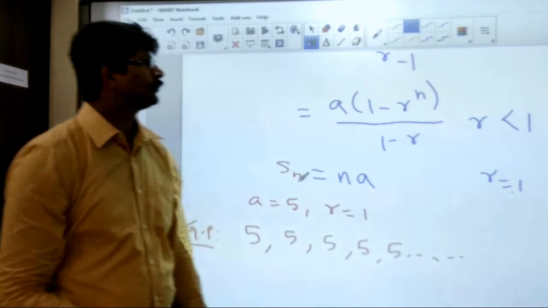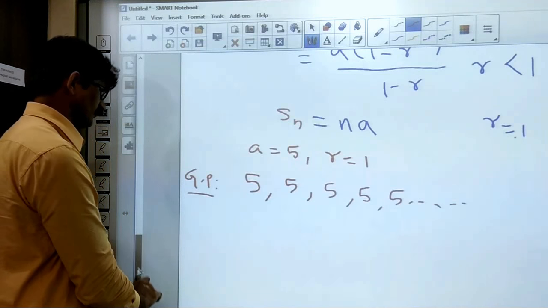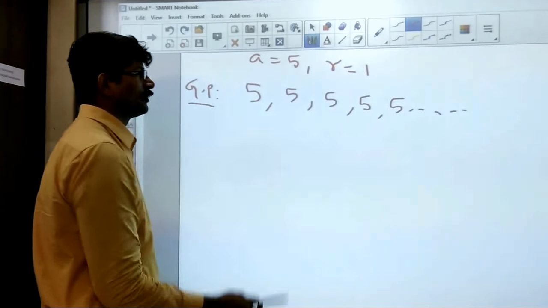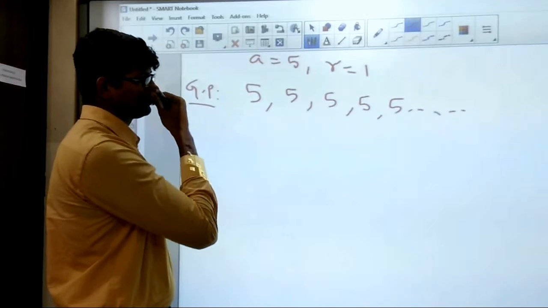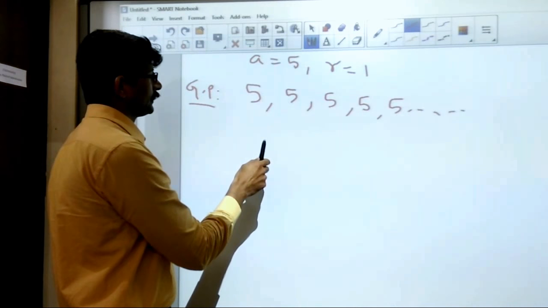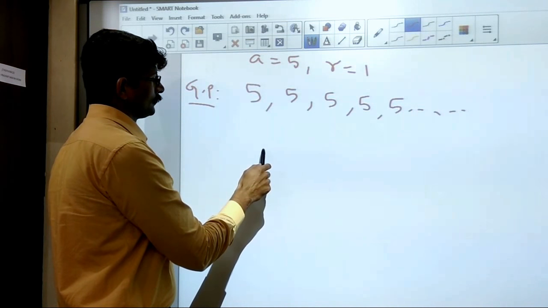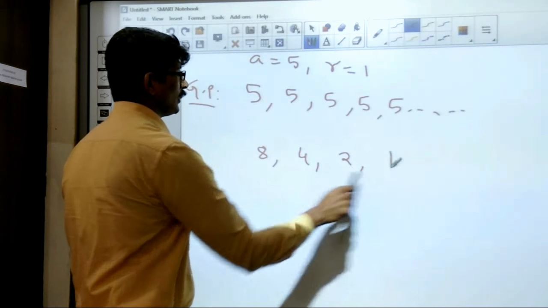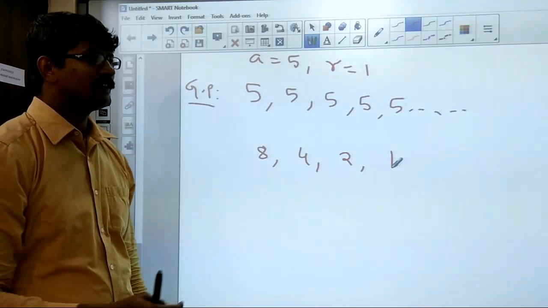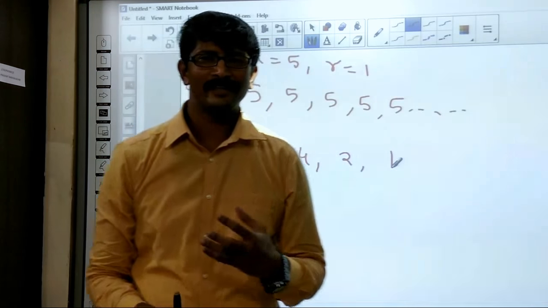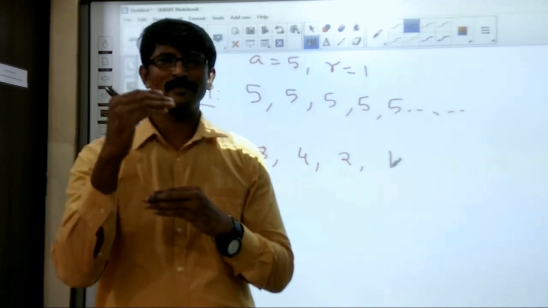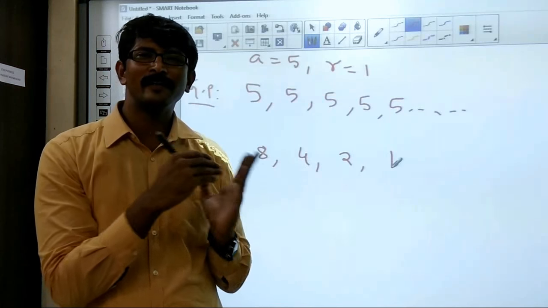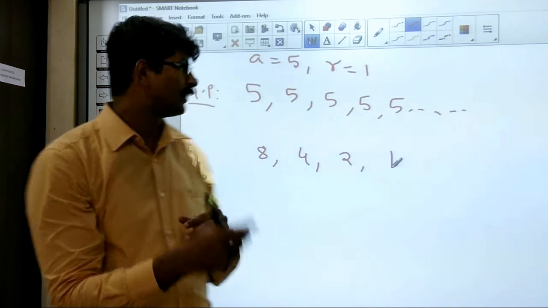So when R is negative, say 8, 4, 2, 1. Negative here means it would be inverse. Inverse means earlier the ratio was 2 and now it will be 1 by 2.